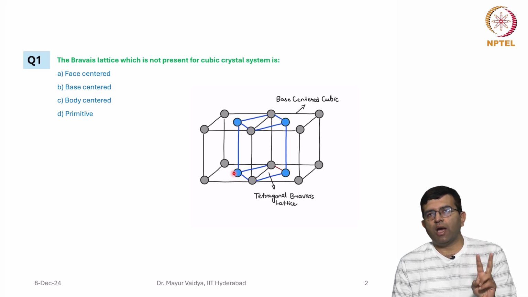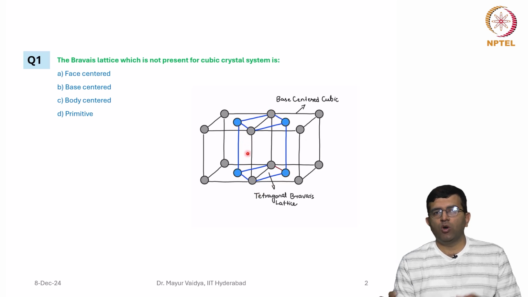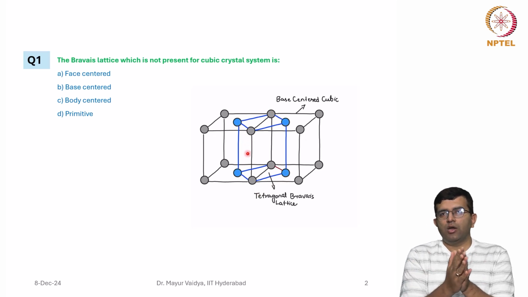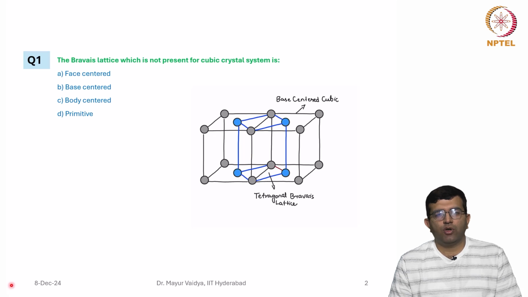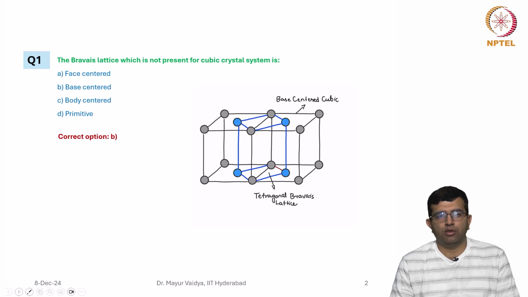So that will be 2 atoms per unit cell. Whereas if you generate a simple tetragonal Bravais lattice, it will be 8 into 1 by 8, 1 atom per unit cell. So usually the lower number of atoms per unit cell is preferred. Therefore the correct answer is B. So the base centered cubic does not exist.